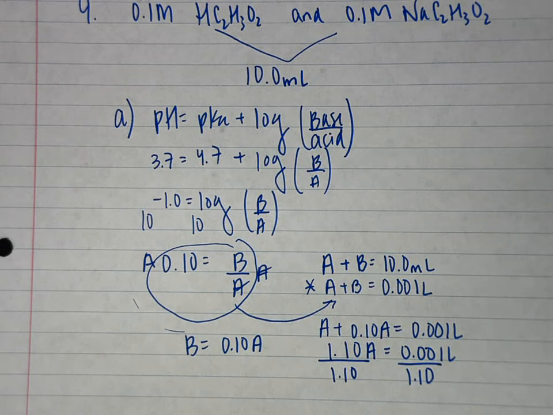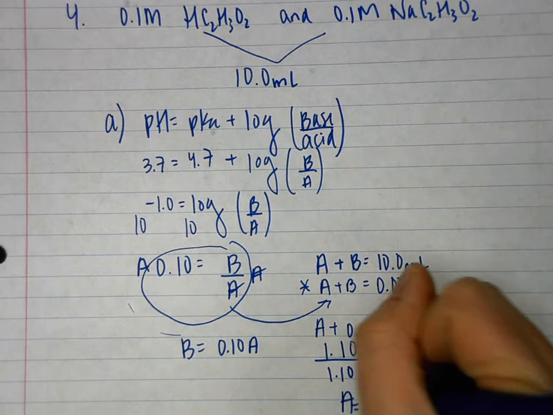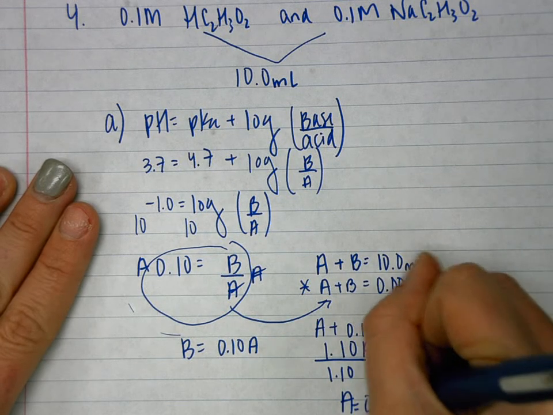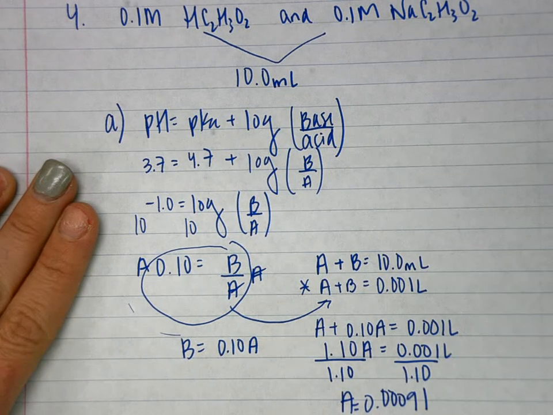Okay, and when you do that, 0.01 divided by 1.1, we get A equals 0.0091, okay?